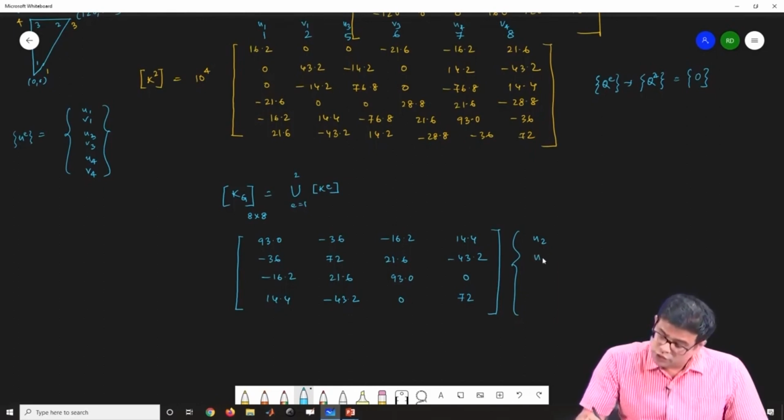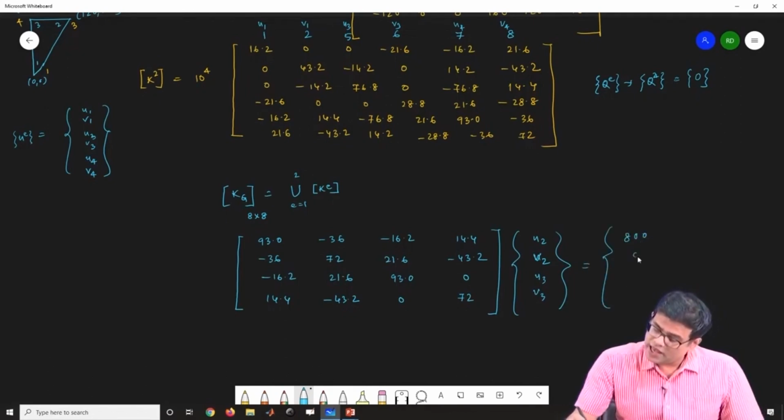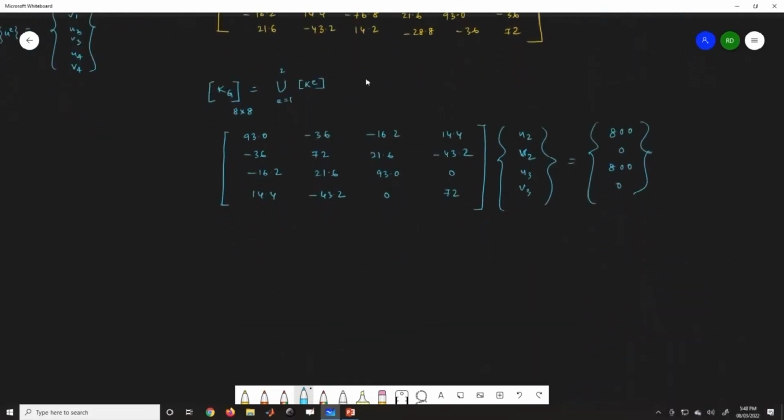So my unknown degrees of freedom, U2, V2 and U3, V3, then you have something like this, that is the global right hand side, that is 800, 0. Now if I solve this equation, then I get U2, V2, U3, V3.